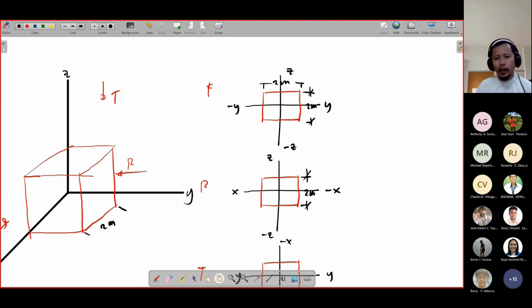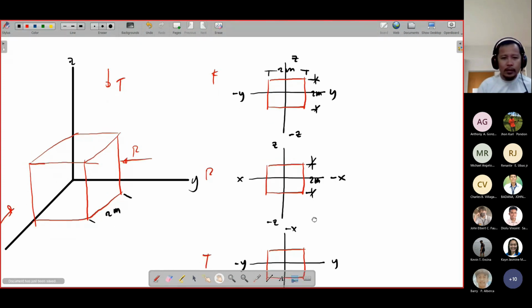So therefore, what is the lower limit and what is the upper limit? Technically speaking, okay? I'm in the front view.